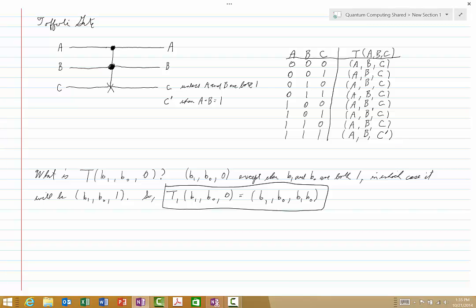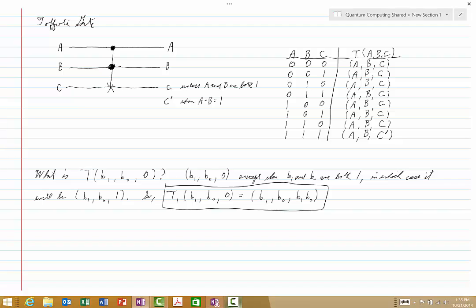Because the first two parts of our output, B1 and B0, give us exactly the first two bits of our input, and the third one, let's see how we could say that.